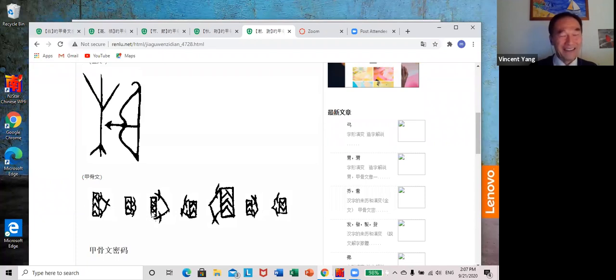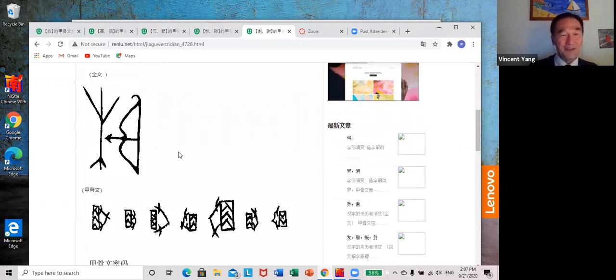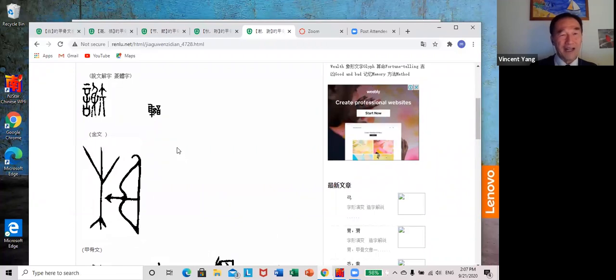And later on it turns into a tree. Okay, it's in a way more mobile. Okay? And of course, later on, you have the hand, actually the arrow, that the bottom part turned into the hand.